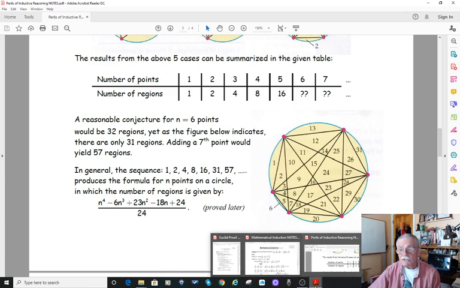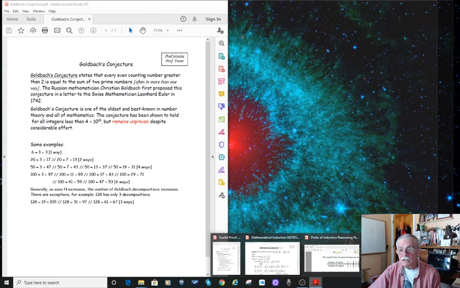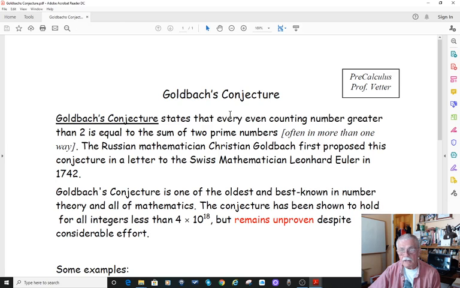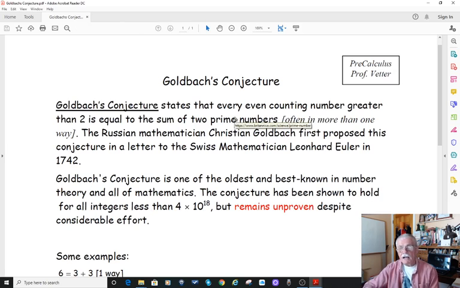Okay, so let's go on to Goldbach's conjecture. This is rather cool. What I really always liked about this is this is the kind of mathematics that I could explain to a 4th or 5th or 6th grader, and they would understand it.